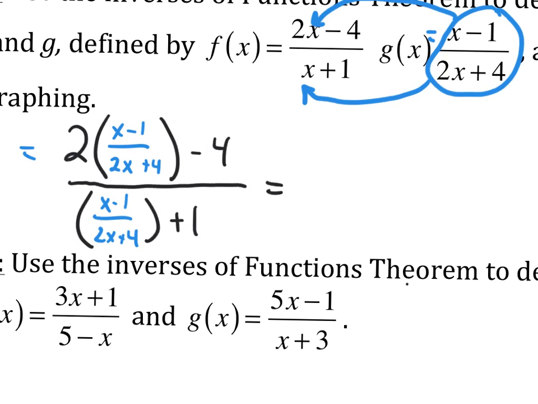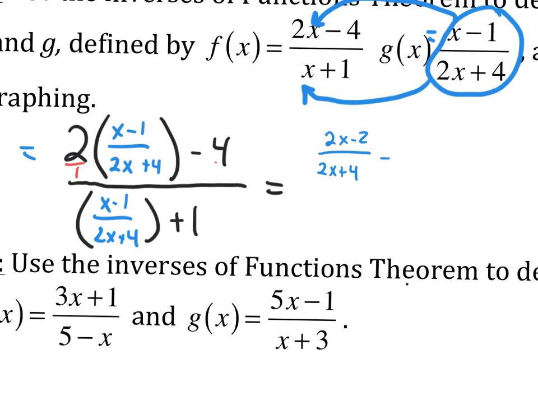All right, so let's see here. Remember, distributing the 2 here does not mean distributing it everywhere. Remember that this is 2 over 1. So the 2 is going to distribute only to the numerator, not to here. So now I get 2x minus 2 over 2x plus 4, minus 4.